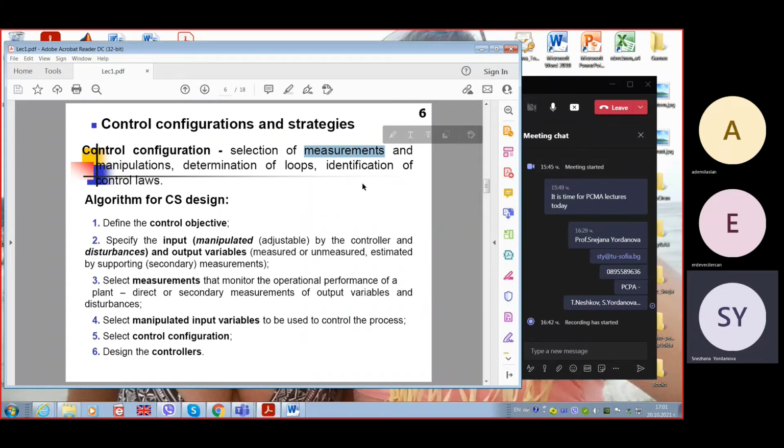We call output variable the one we are going to control, which gives us information whether we have a good process that creates the final product. Manipulation is the variable at the input.